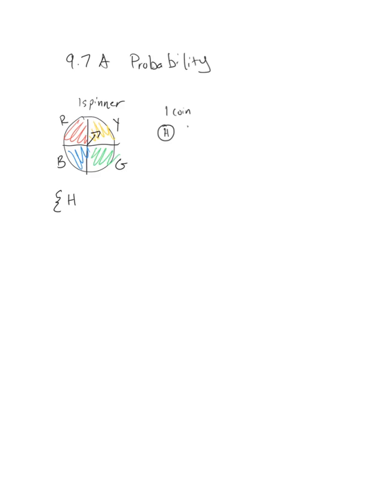So heads red, heads blue, heads green, heads yellow. And then there's always the possibility of tails. So tails red, tails blue, tails green, and tails yellow. So those are all the possible outcomes that you can get from that.